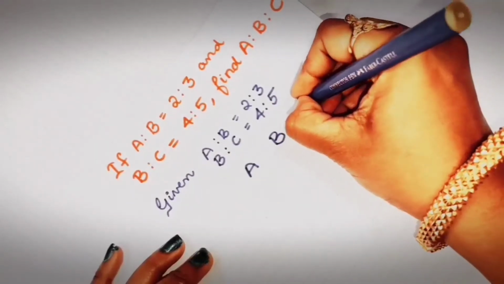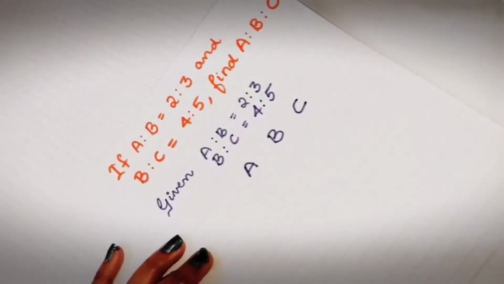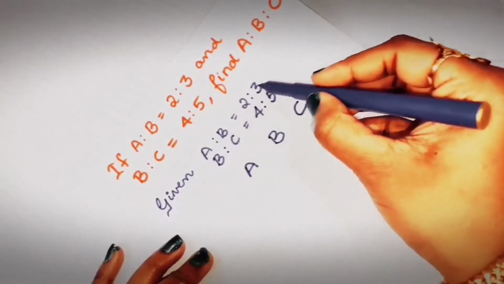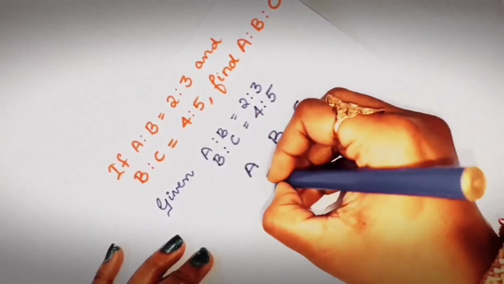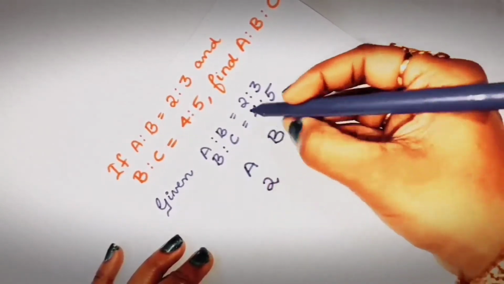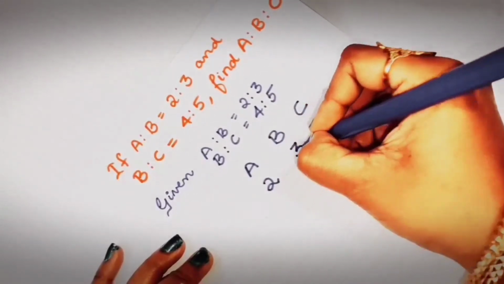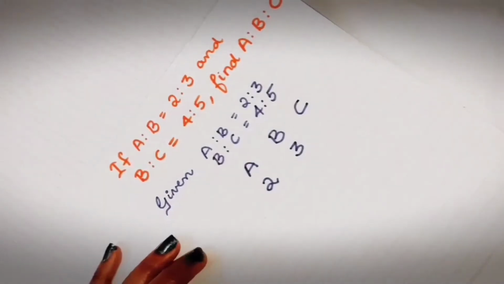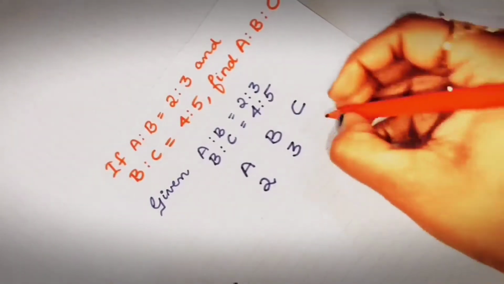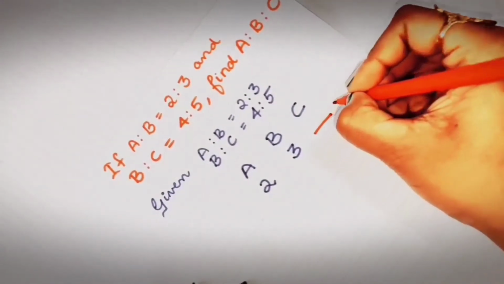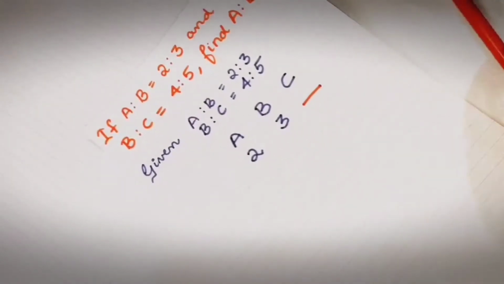We form three columns A, B and C. Now from the first line we can see A is to B is 2 is to 3. So below A we write 2 and below B we write 3. As we do not have the value for C from the first line, we leave the space blank.